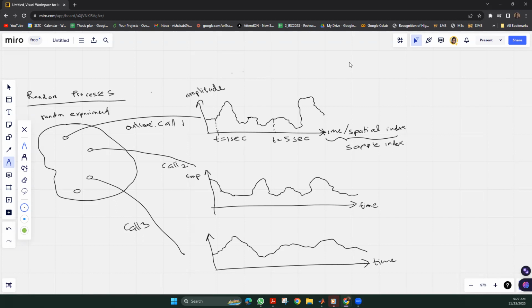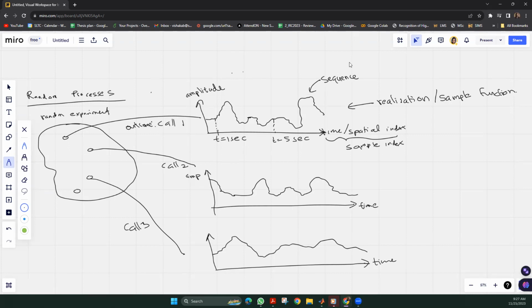So for each outcome, we can obtain a sequence of data. This sequence is known as a realization. This is also called a sample function.